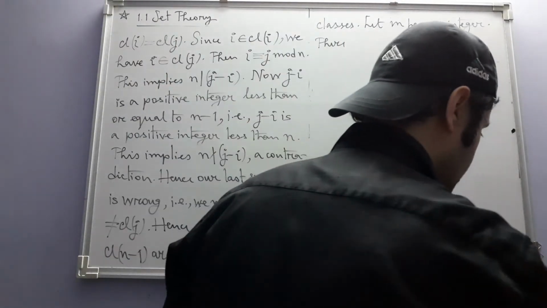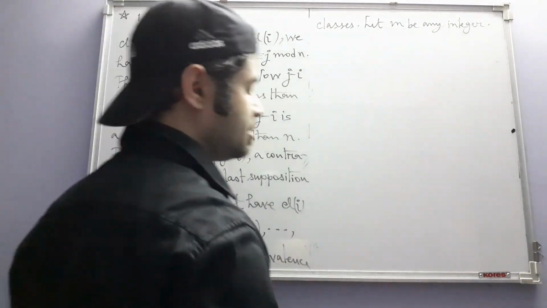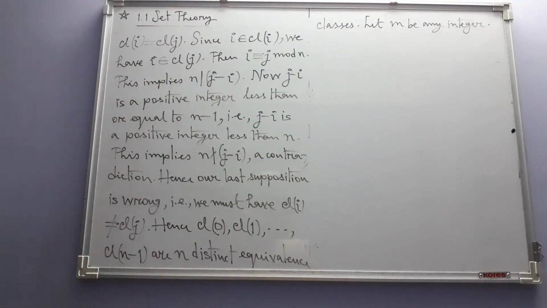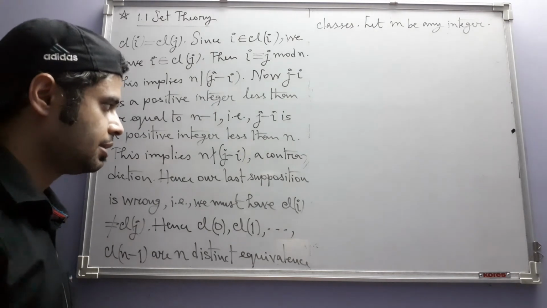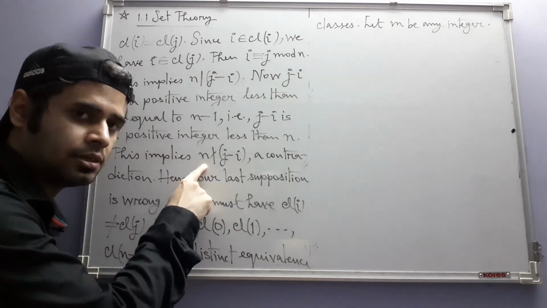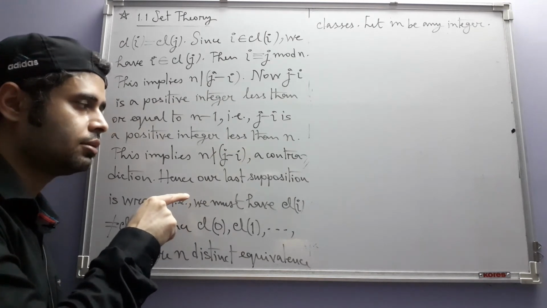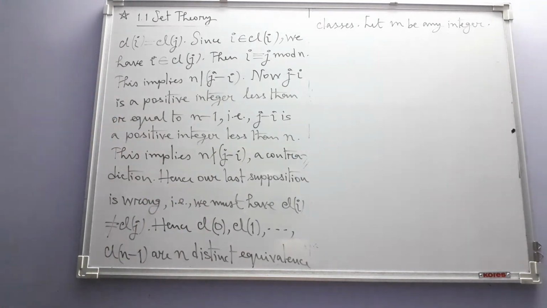Now if m is any integer, m can be negative also, m can be 0 also, m can be positive, whatever be the case, since n is a positive integer, we can divide m by n according to the Euclidean algorithm to get a quotient and a remainder.